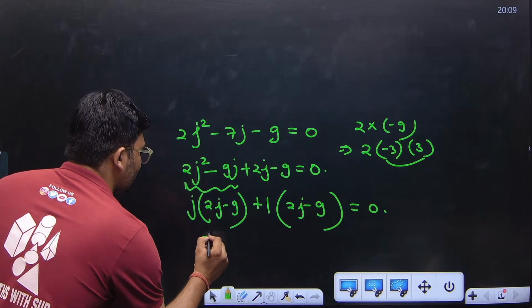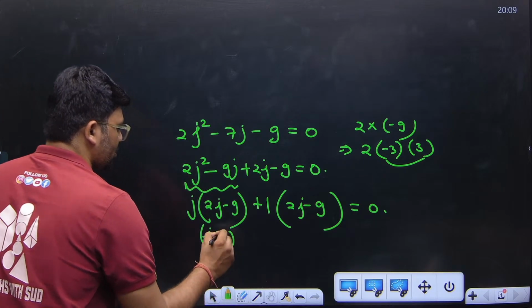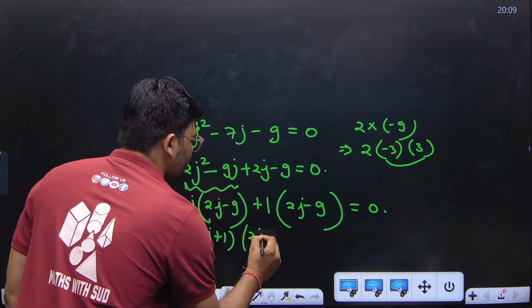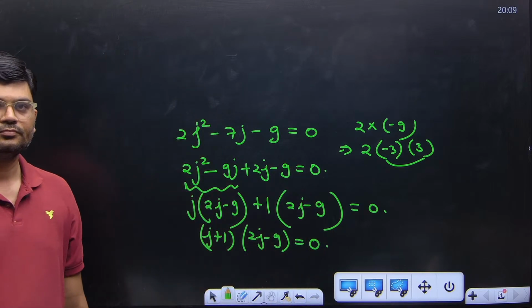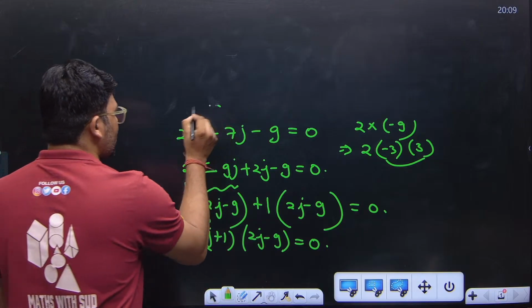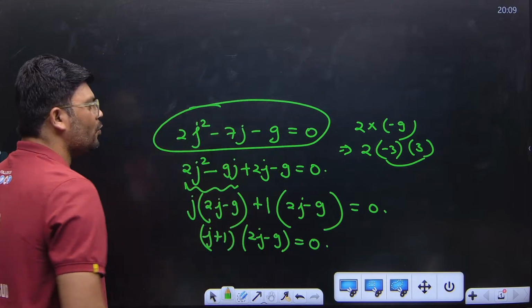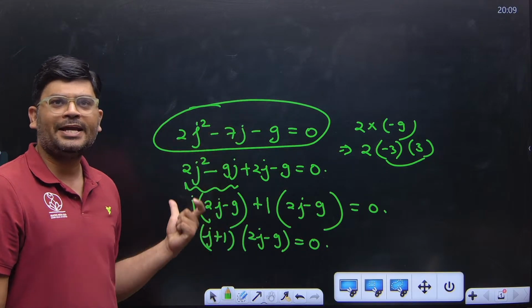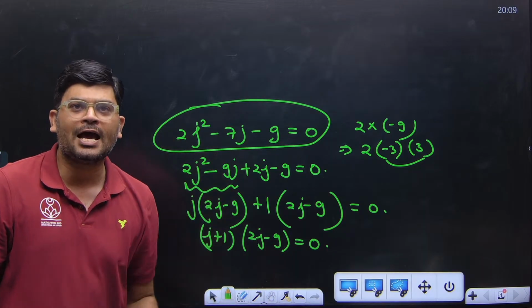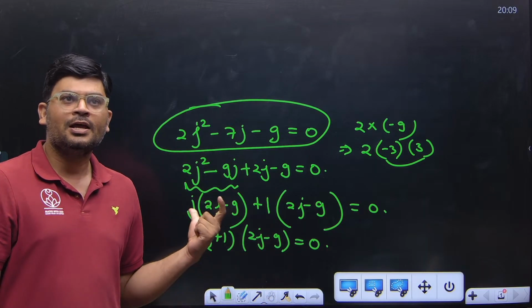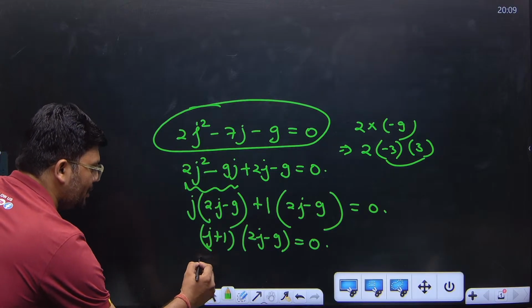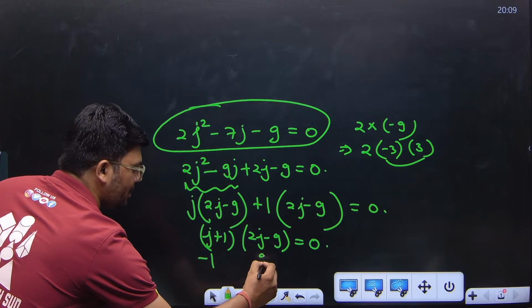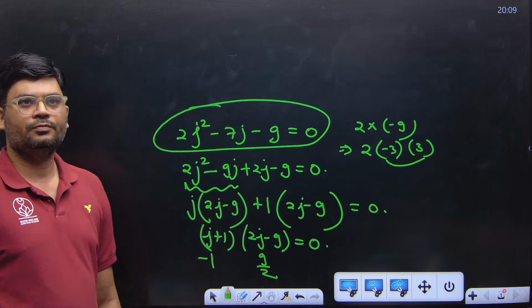So now this will become j plus 1 into 2j minus 9 is equal to 0. So this equation, which was a quadratic equation, is formed by multiplying two linear factors, and your task is to find the two linear factors. So from here what you will get? j will be either equal to minus 1 or it will be 9 by 2.